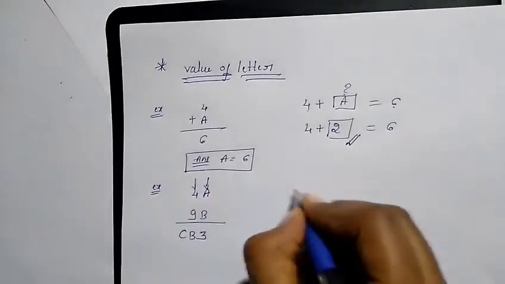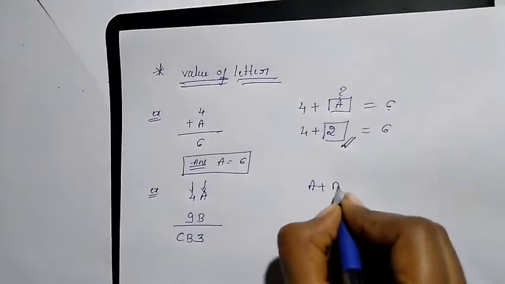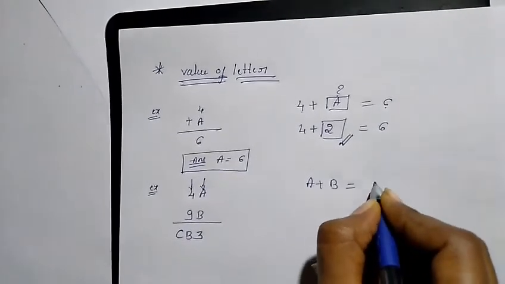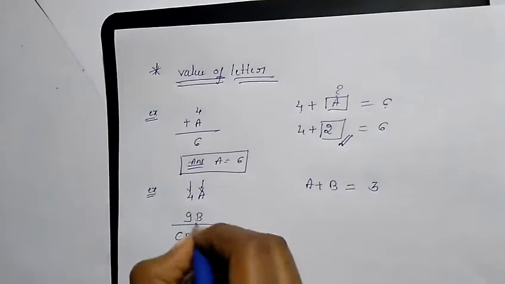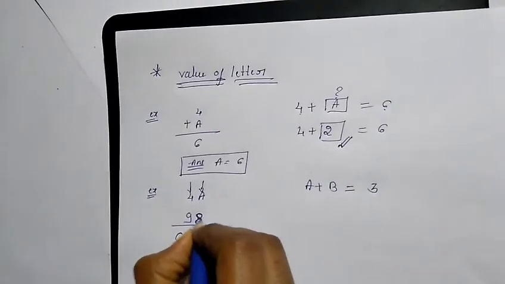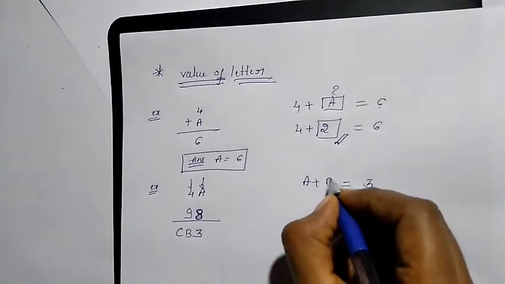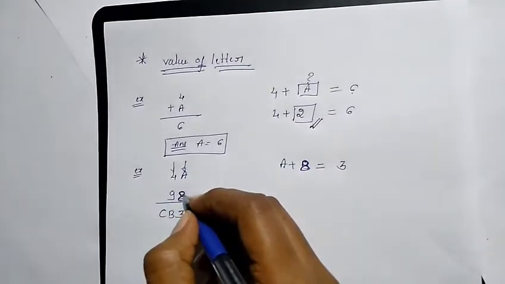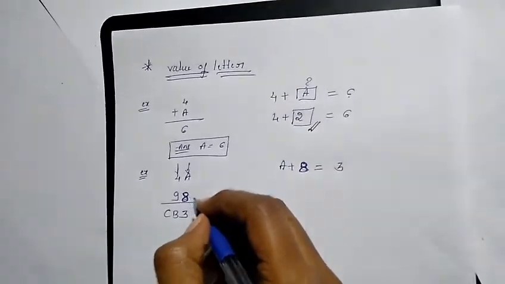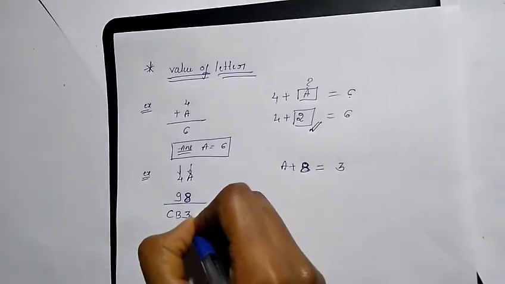So first observe A plus B equal to 3. We will change B to 8, so it is easy to remember. So A plus 8 equal to 3.